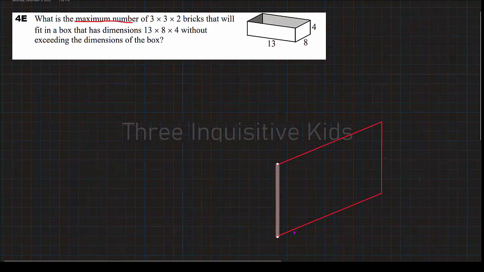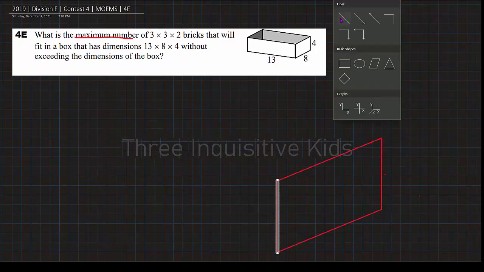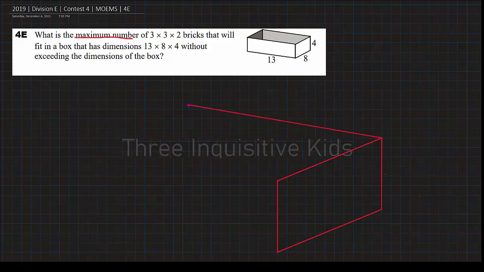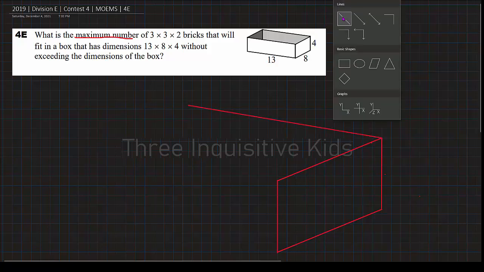First, we can find a side length that is hopefully a direct factor of the larger box's dimensions, for example, 2 and 4 over here. That's important because then we know how much in that dimension we can have.